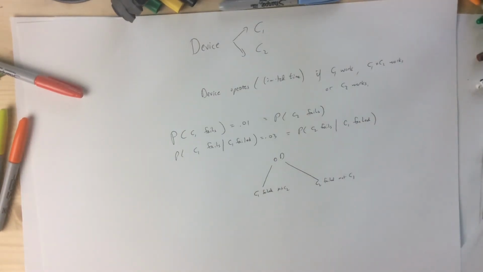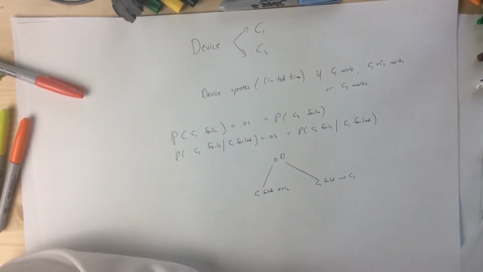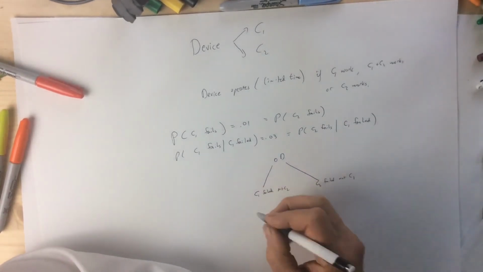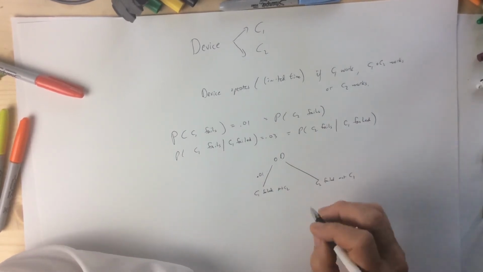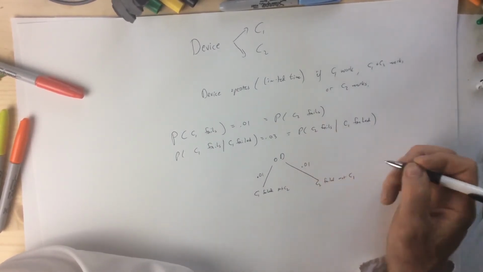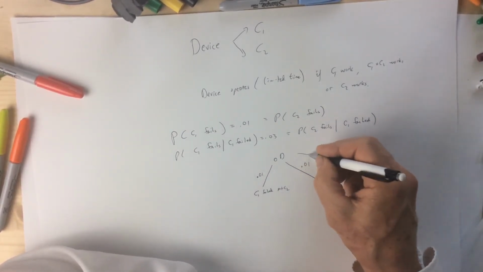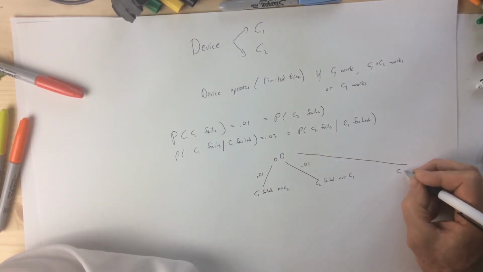And let's make an assumption they can't blow up and fail exactly at the same time. So this is either one or the other. So if C1 failed but not C2, that's a 0.01. If C2 failed, not C1, that's a 0.01. Now, from this, we conclude that C1 and C2 are functional.